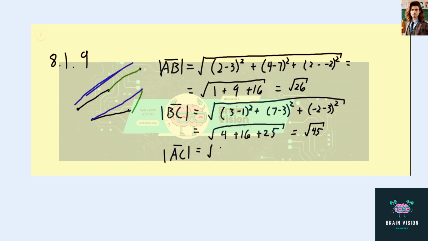This would be 2 minus 1 squared, then 4 minus 3 squared, and then 2 minus 3 squared.